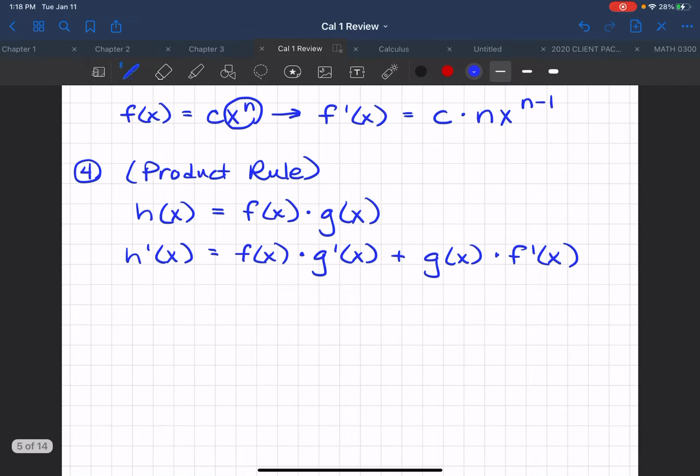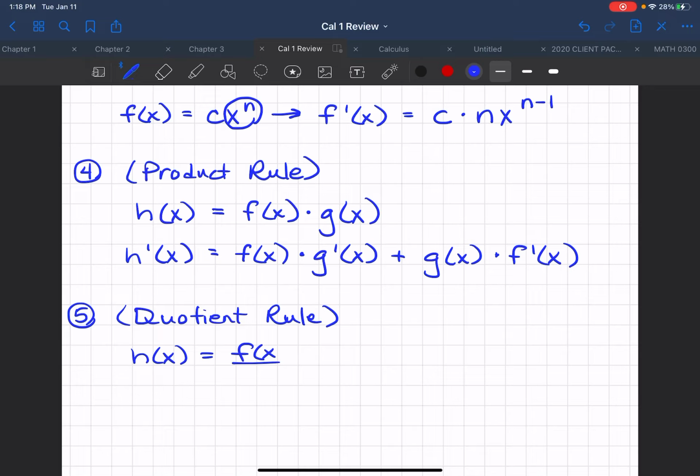Now, the quotient rule, order does matter because it involves subtraction. So we're going to let h of x equal f of x divided by g of x this time.